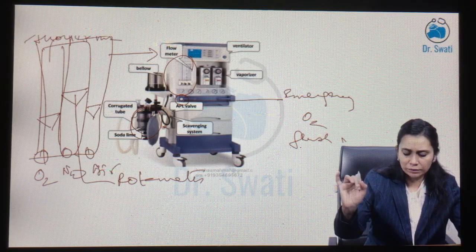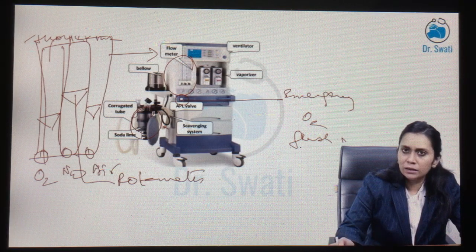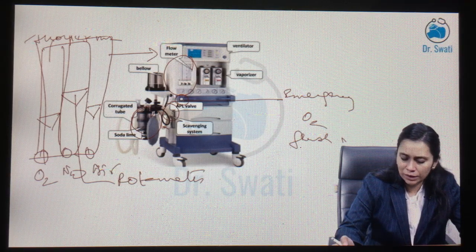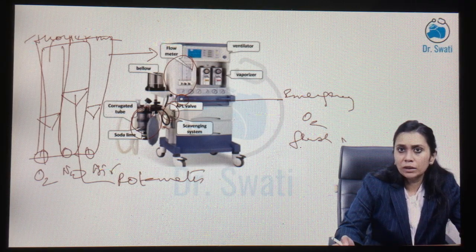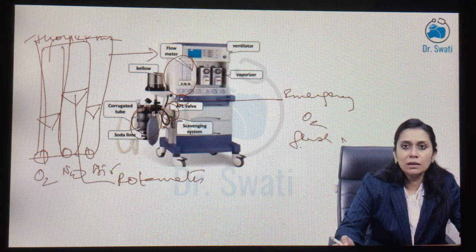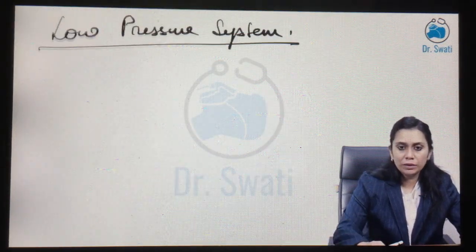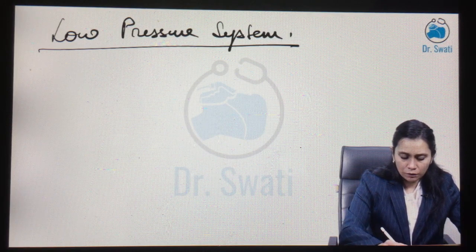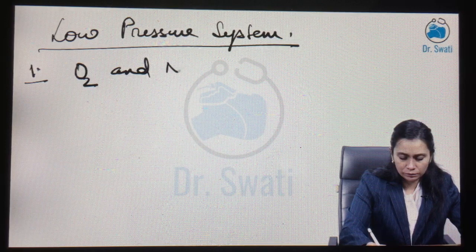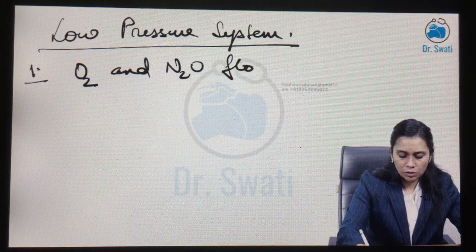Just understand. Then this vaporizer also comes under the low pressure system, right? This common gas outlet also comes under the low pressure system, right? And a very important thing which comes under the low pressure system is the hypoxia guard. Okay, so let us first write the parts of the low pressure system. First part, oxygen and nitrous oxide flow control valve.